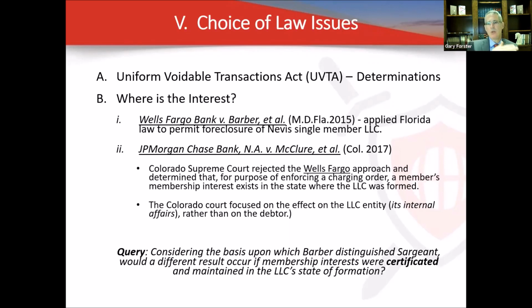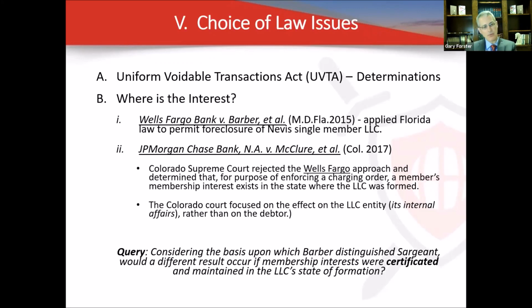And the court looked at the Nevis transfer. She's in Florida. All of the assets were in Florida. She opened a Nevis LLC, but her accounts were in Florida. In my opinion, the court had an easy decision because it was a fraudulent transfer.